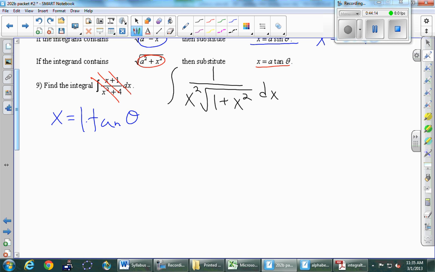Okay, so we're going to start to substitute for this integral. Upstairs is a 1. Downstairs, instead of x squared, tan squared, right? Square root of 1 plus tan squared theta.